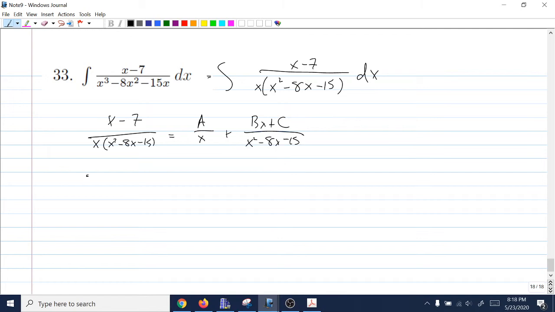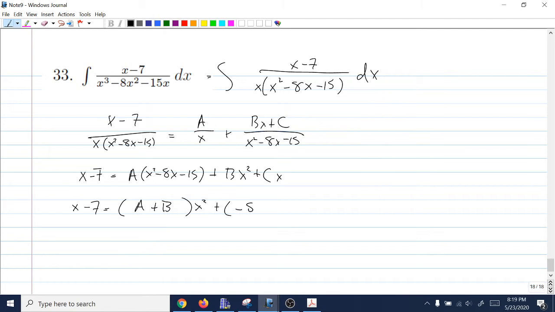Cross multiply. x minus 7 is a times x squared minus 8x minus 15, plus bx squared plus cx. That's only hitting the x. So x minus 7 equals... I guess I should have said out loud, is the top smaller than the bottom? Yes, it was. How many x squareds? a plus b x squareds. How many x's? Negative 8a plus c x's. What's my constant? Negative 15a.